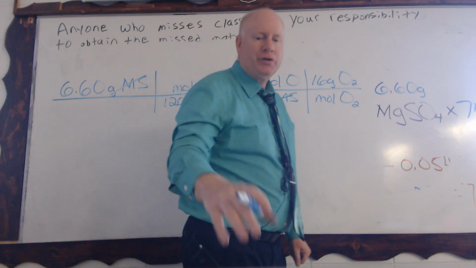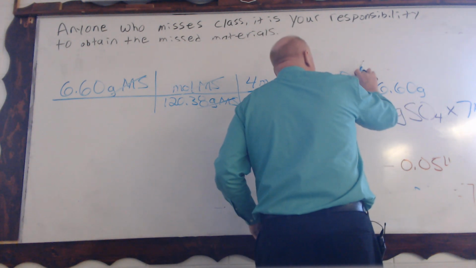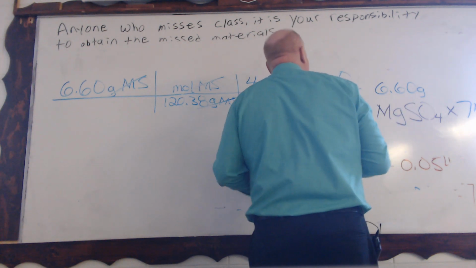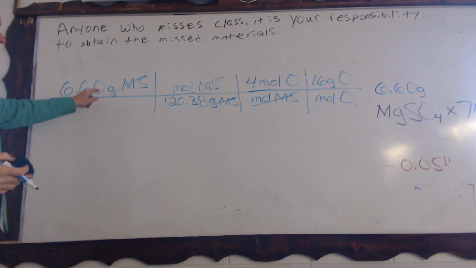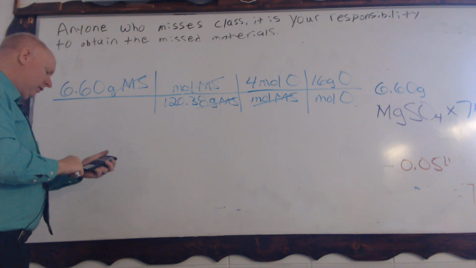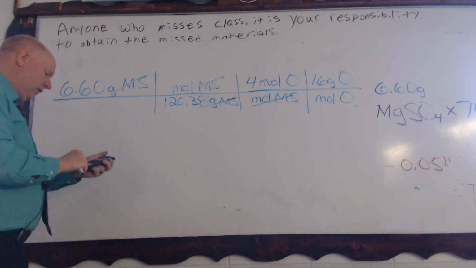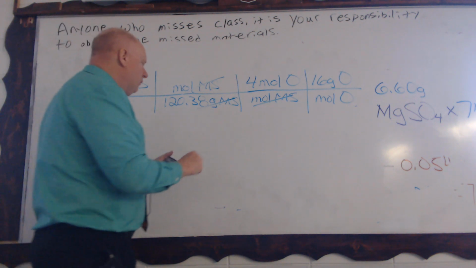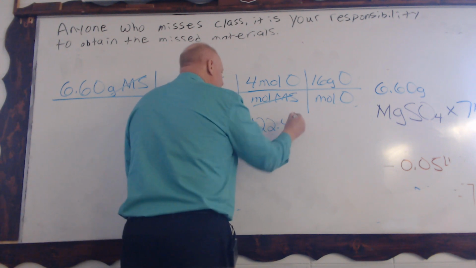But that's more so reaction stoichiometry. This is still composition stoichiometry. Okay, so now, once we take 64 times 6.6, we get 422.40.